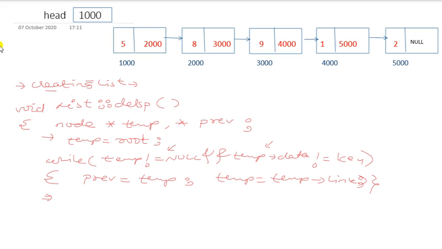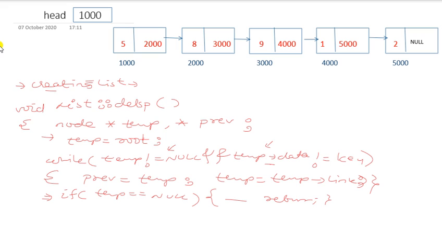If due to this you have come out, it means the specified node is found. So you can check here, if temp equals null, display a suitable message, the specified node is not found, and simply return. You will not do anything.